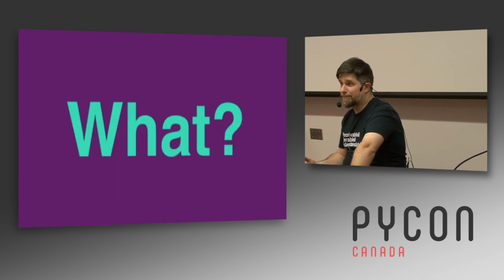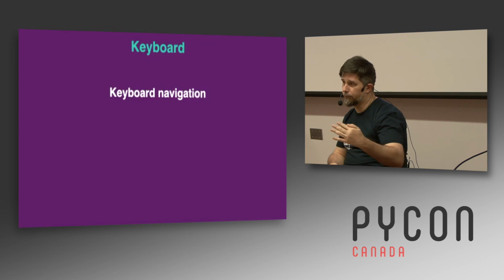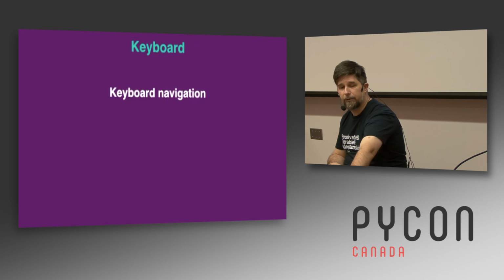So what does that mean concretely? We're talking about keyboard navigation. You have to be able to use all the site with the keyboard only. And you have to have no keyboard traps. One of the things that happens sometimes is you can go forward on a site and then you want to go backwards and suddenly you can't move backwards using the keyboard only.